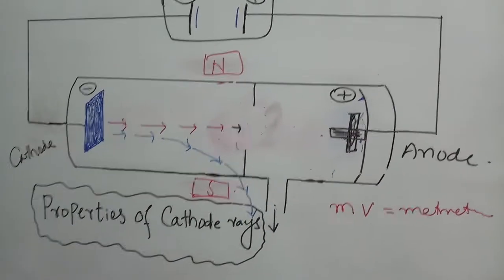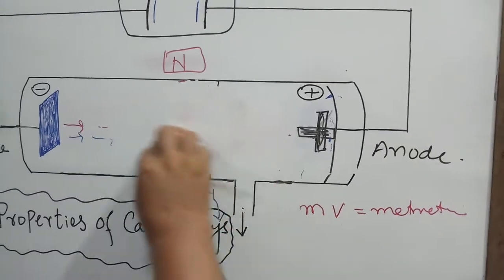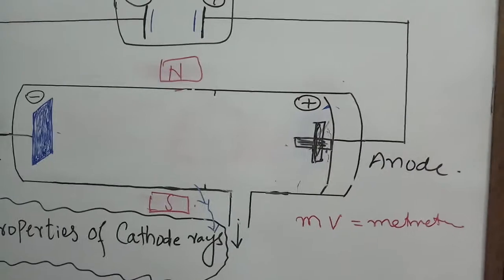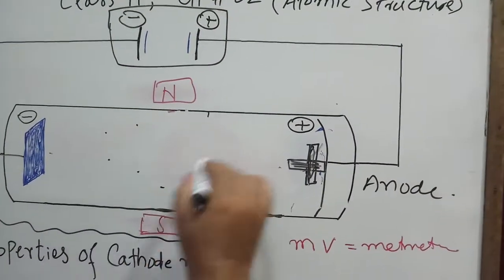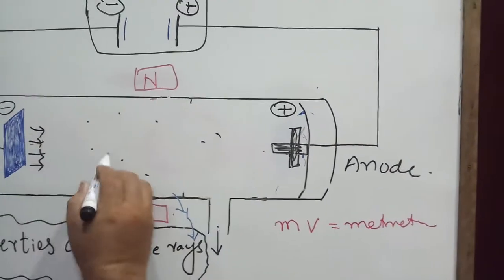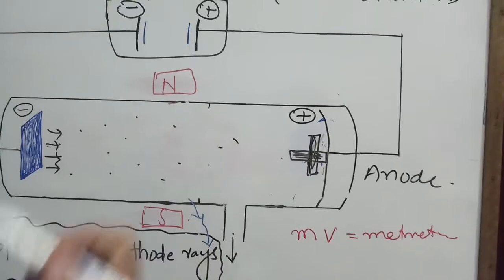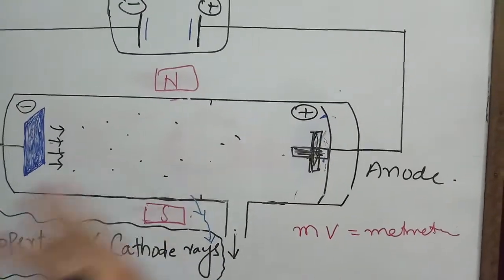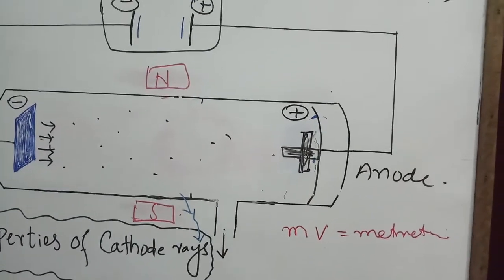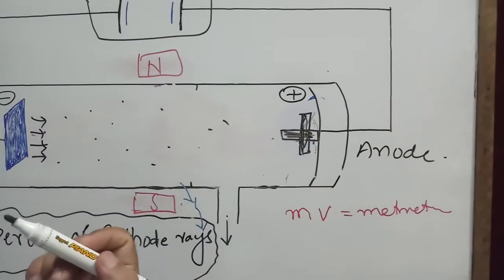Similarly, the last observation or property of the cathode rays is that if we fill a gas inside the discharge tube, these cathode rays, which originate from the cathode, strike the gas molecules and knock out one or more electrons from them. When one or more electrons are knocked out, this causes ionization of the gas.